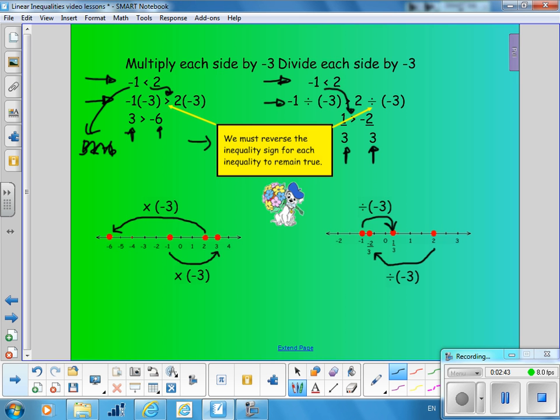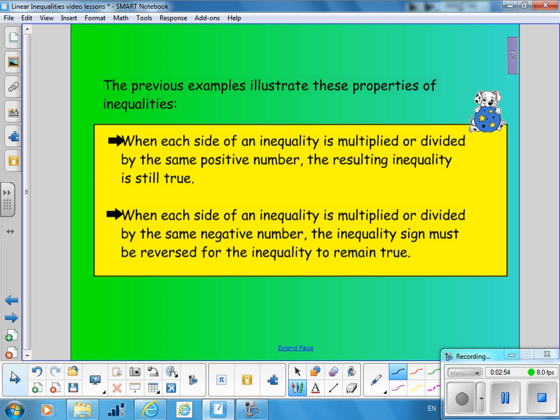So this is a very important rule, and it's a very important difference between solving equations and solving inequalities. And what that rule is: when each side of an inequality is multiplied or divided by the same positive number, the inequality is still true.